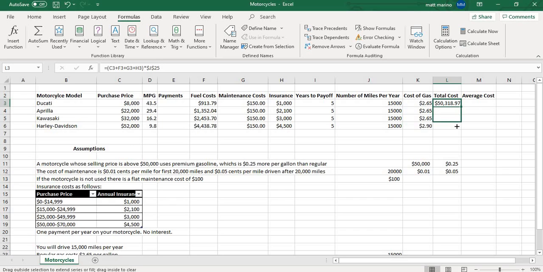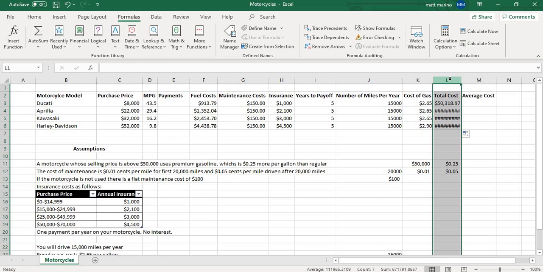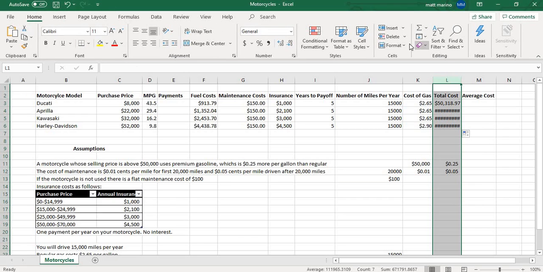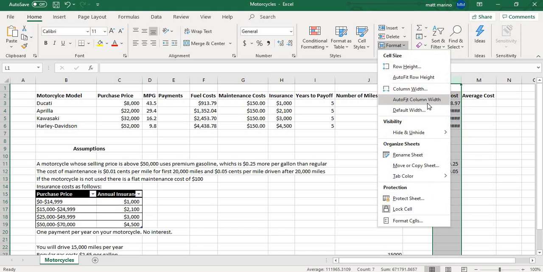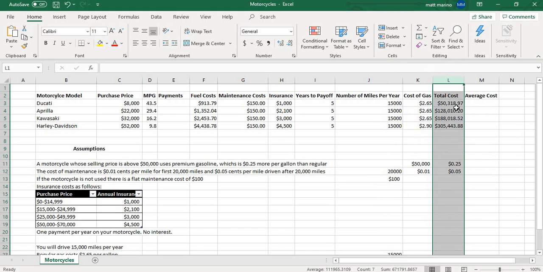When we autofill this down, you will notice some of the information does not fit. So we click on this column, we go back to our Home tab, where it says Cells, click Format, AutoFit Column Width. This now expands the column width to fit all of our information.